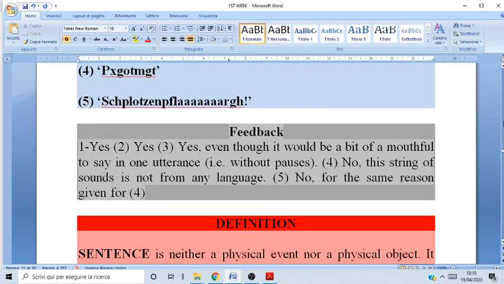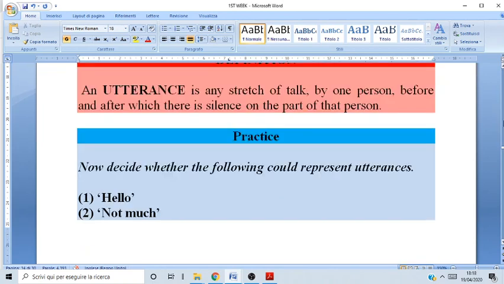So what do we have to add to the definition of utterance? We have to say that, yes, it is any act of talking by one person that has to be meaningful in at least one language, that starts and is followed by a silence.